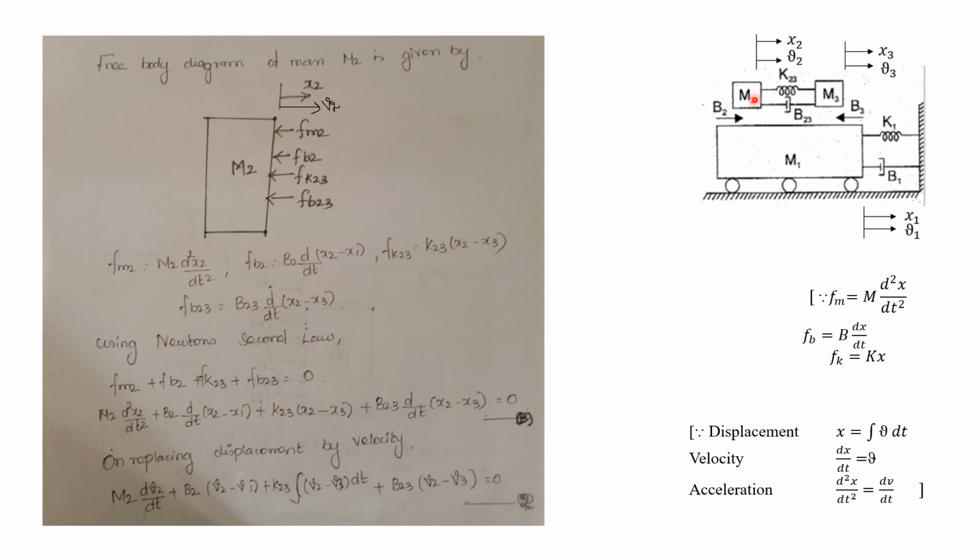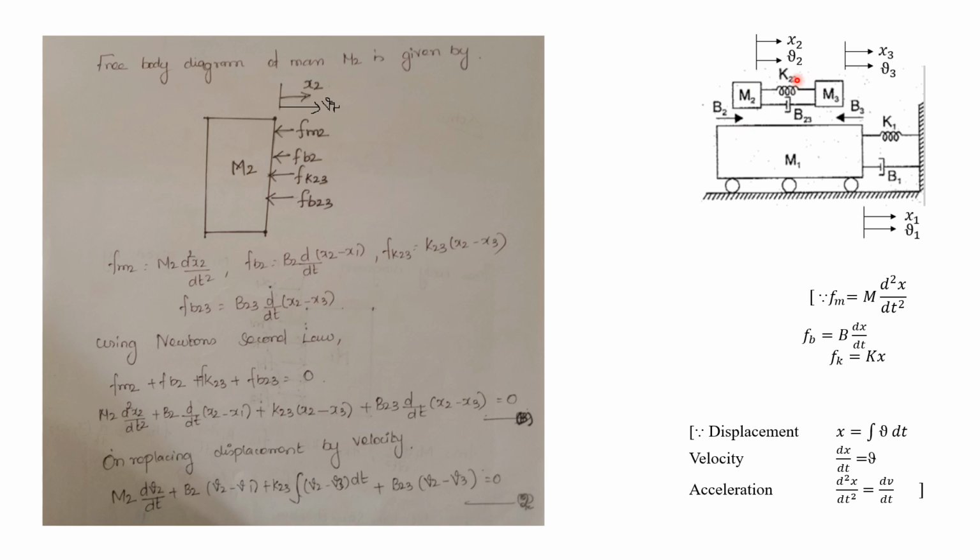What are the opposing forces? First we have to write the own opposing force, that is Fm2. Then what are the elements connected only to this M2? None of the elements, isn't it? So we have to see the elements that are connected between the mass M2 as well as other masses. If you are considering this B2, this will be connected between M1 as well as M2, so the opposing force will be FB2.